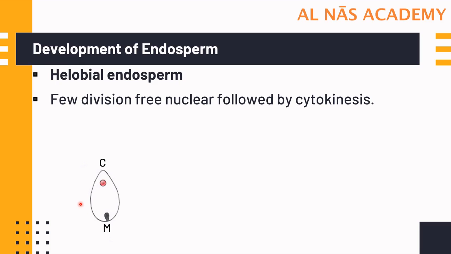Okay, so the first cell division of the primary endosperm nucleus will be followed by a transverse wall. Here you can see a transverse wall which divides the cell unequally.